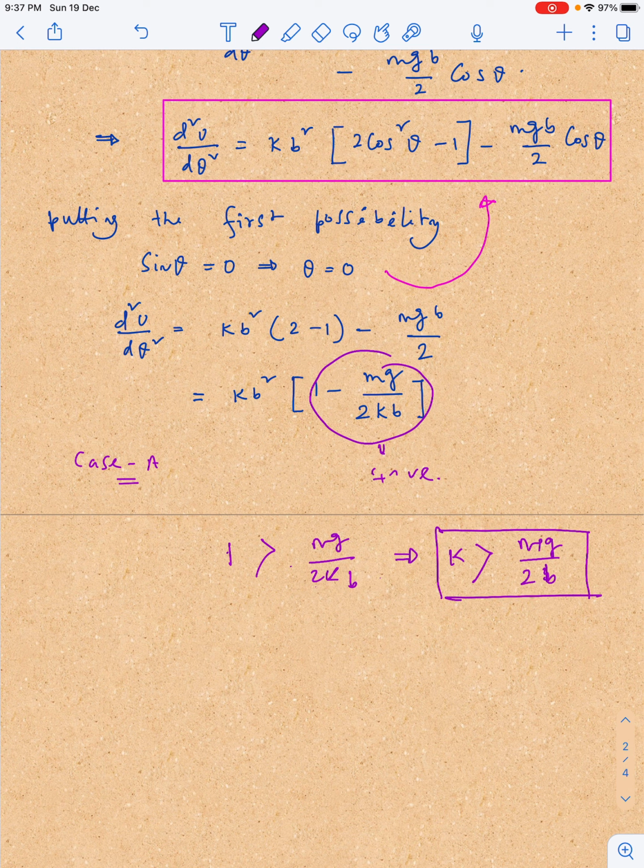In this condition, d2U d theta 2 is coming to be greater than 0. If that is the case, then we know U will be achieving a minimum, and under those circumstances it will be stable equilibrium.